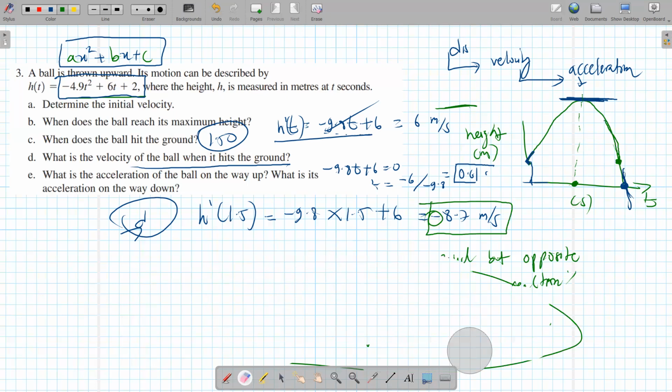E, what's the acceleration of the ball on the way up? So what's the idea behind this one? How do you find the acceleration?